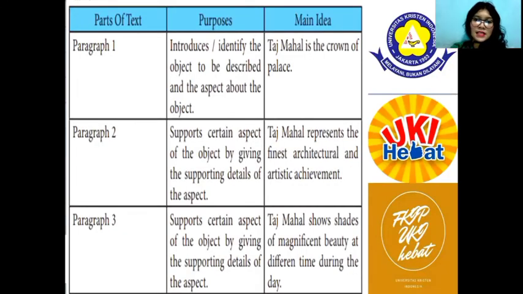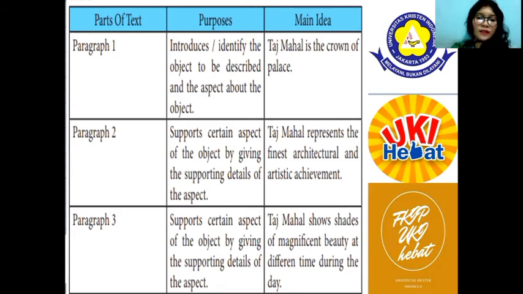Okay, this is the answer for the Taj Mahal text. Paragraph 1 is the introduction, to identify the object to describe and the aspect of the object. The main idea of the text is that Taj Mahal is the crown of the palace.